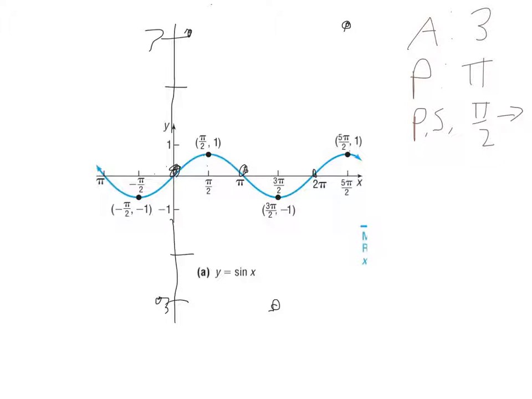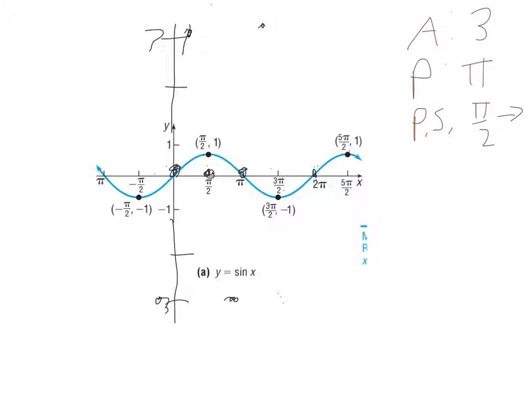This point that's at pi would now be at pi over 2. This point at 3 pi over 2, multiply it by 1/2, it'd now be at 3 pi over 4. This point that's at 2 pi multiplied by 1/2 would be at pi. This point that's at 5 pi over 2 would now be at 5 pi over 4.